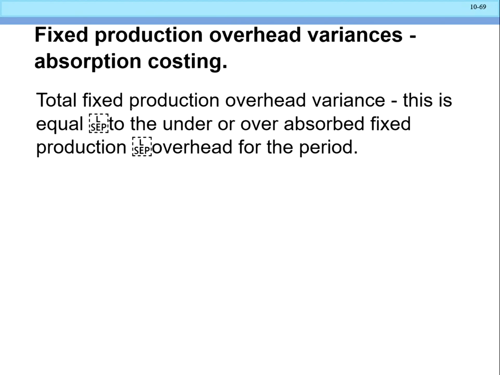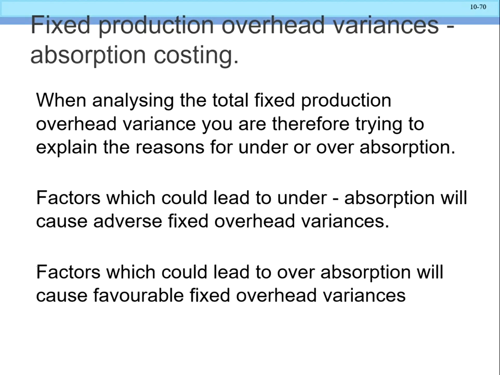So when we split this variance into volume variance and expenditure variance, what we are simply trying to do is find what caused over or under absorption. And what causes that is in the formula itself, which says total budgeted overheads divided by total budgeted activity.